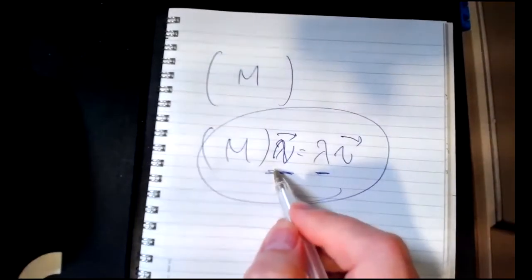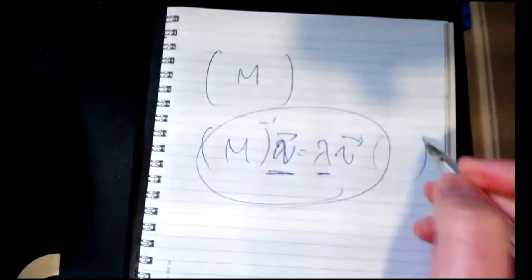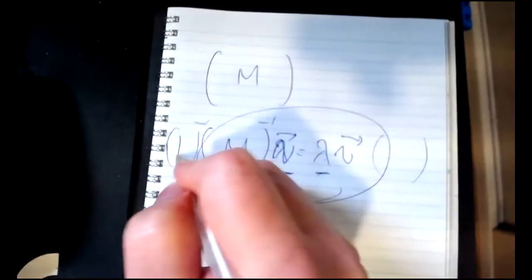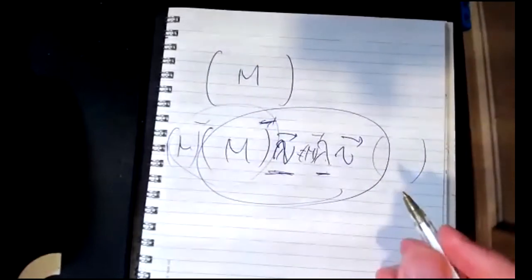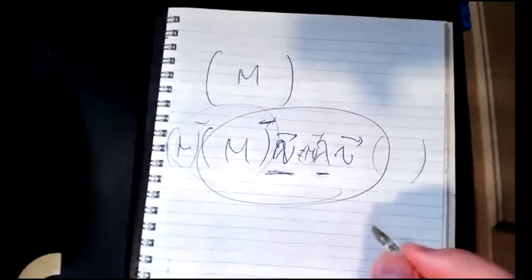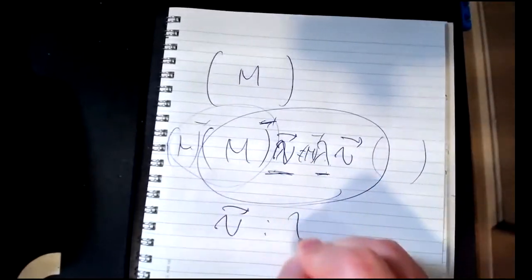To find these vectors and the scalar value, you need to calculate the inverse matrix. So that means you have to solve this with an optimization routine, singular value decomposition or LU decomposition. Then you can find the vectors and corresponding values.